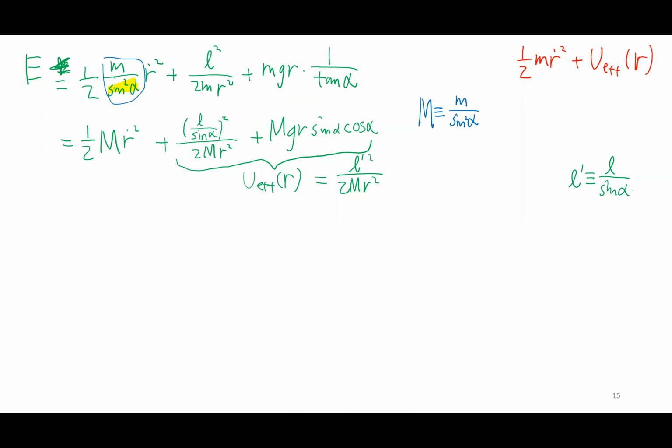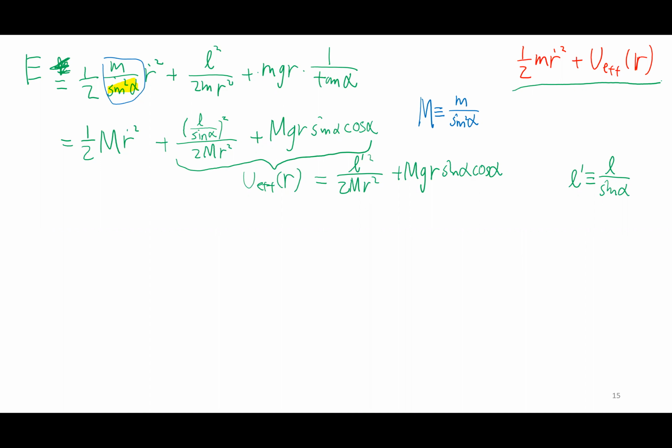So then the U effective I have is L prime squared divided by 2 capital M R squared plus capital M G R sine alpha cosine alpha. So now I'm able to express the total energy of this system in the same form as the one we had in the central force problem.